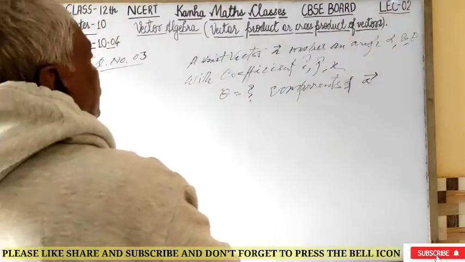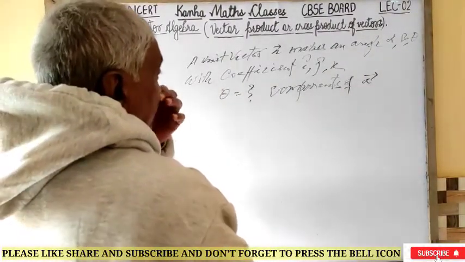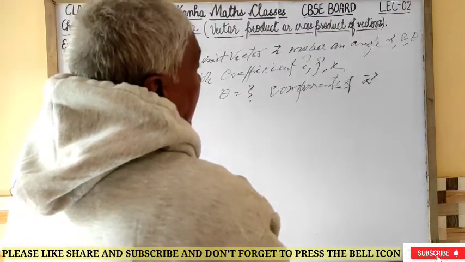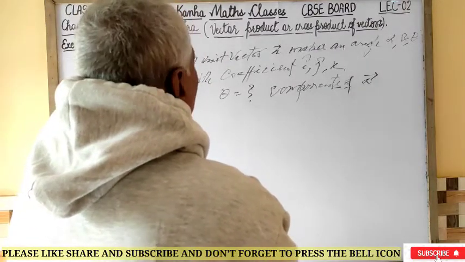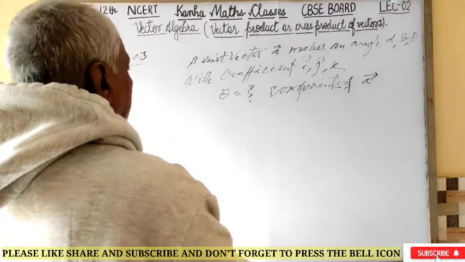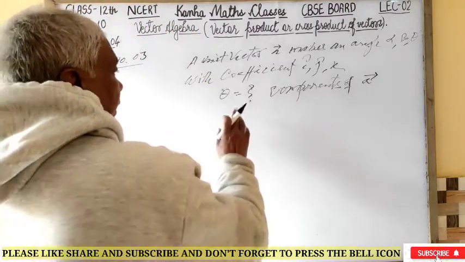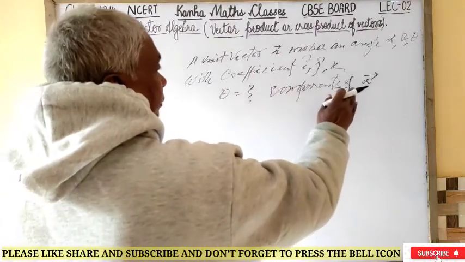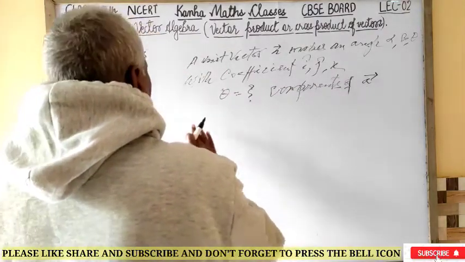Here you are given a unit vector a which makes angles alpha, beta and acute angle theta with the coefficients of i, j, k. Then you have to find the acute angle theta and the components of vector a.